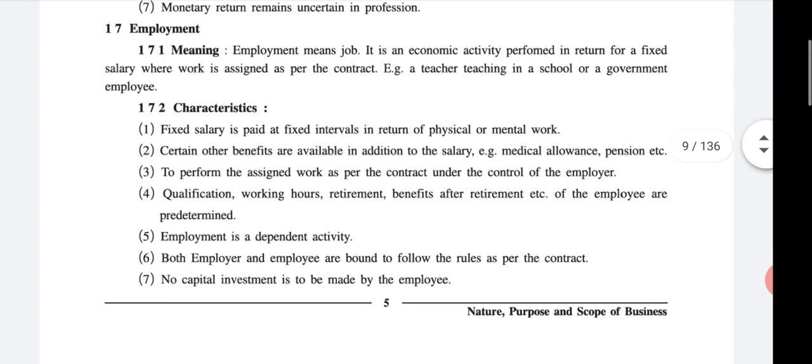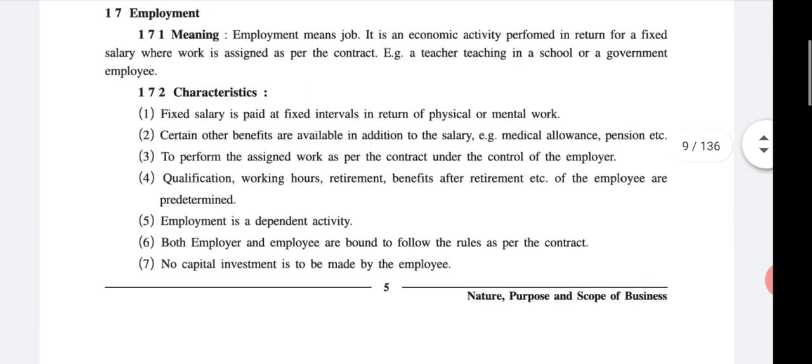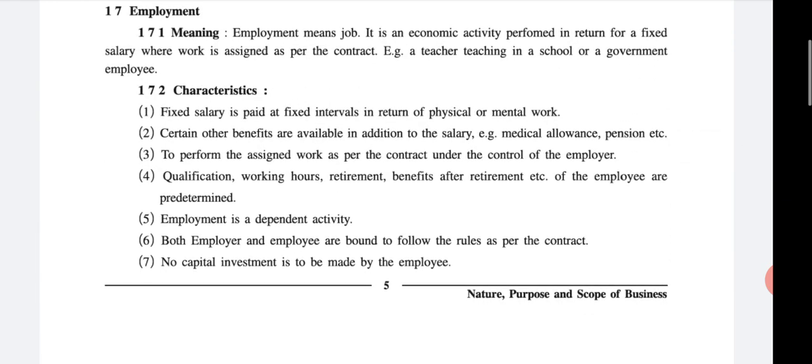Okay. Then employment. Employment is the third type of economic activity in which work is performed in return for a fixed salary, when the work is assigned as per the contract. Here, seven characteristics are given.